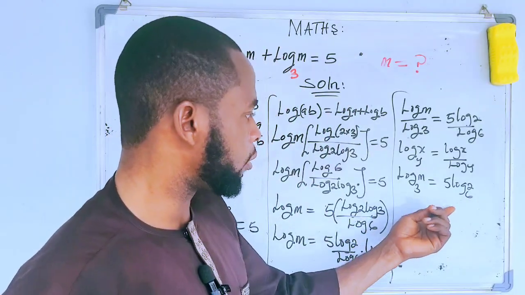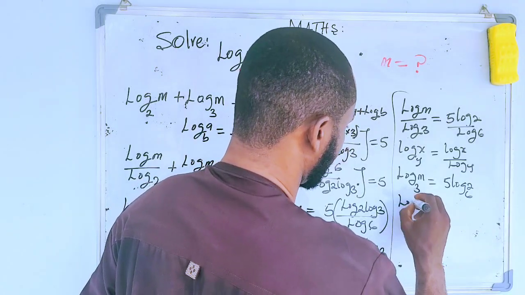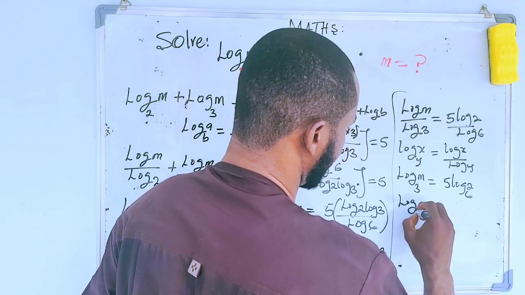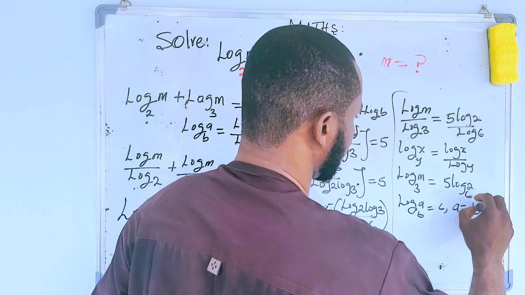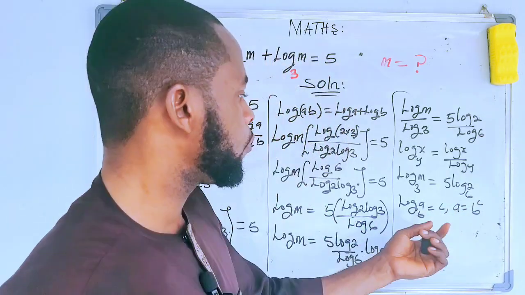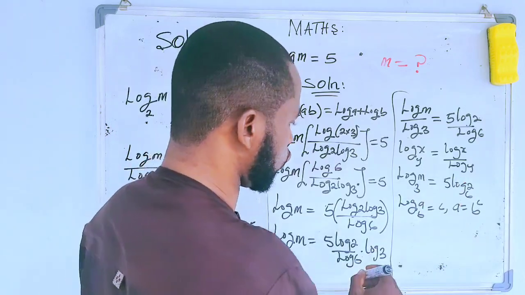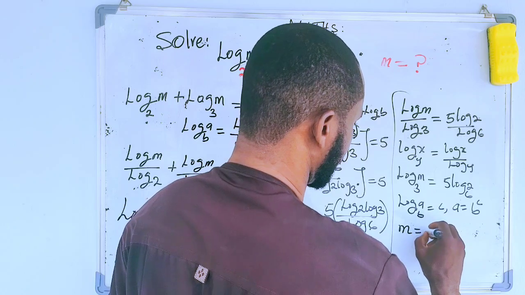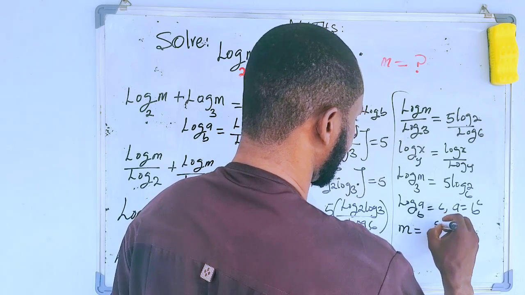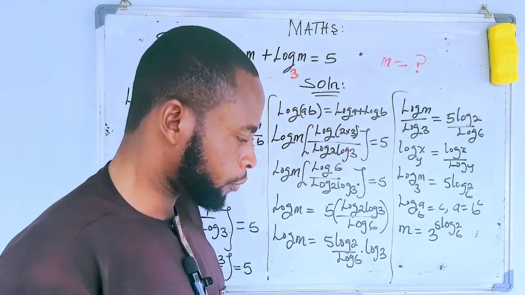Now, we are going to apply another principle here. Recall that if log a base b equals c, then a equals b to the power of c. Applying this, we have that m equals 3 to the power of 5 log 2 base 6.